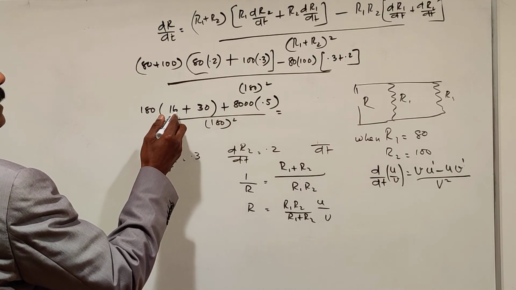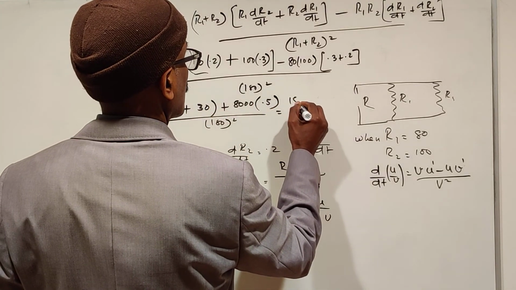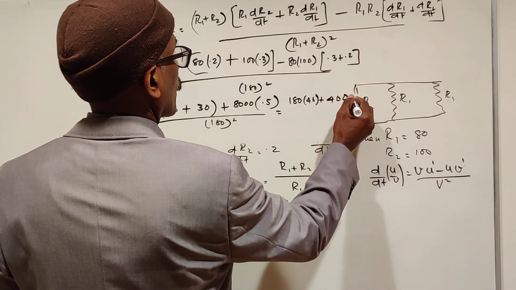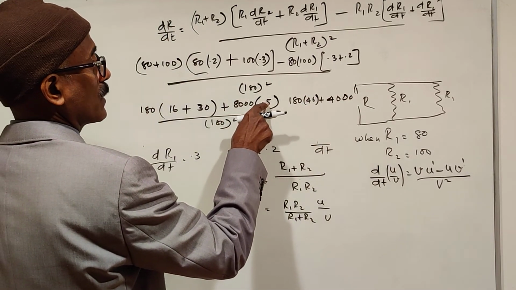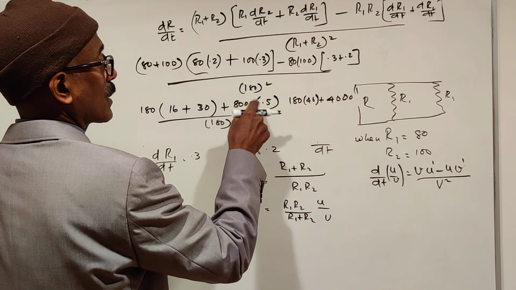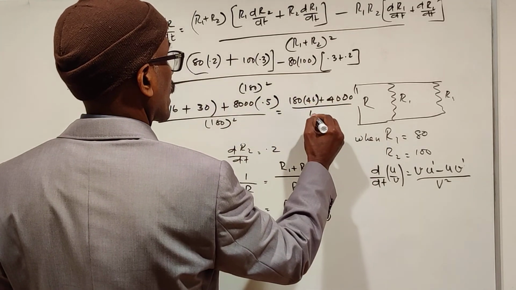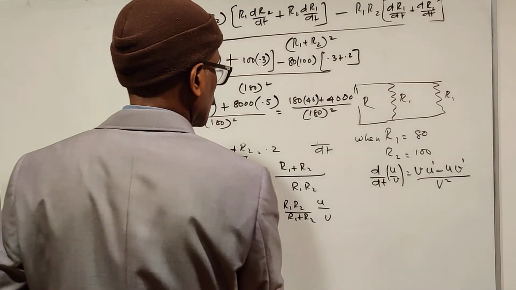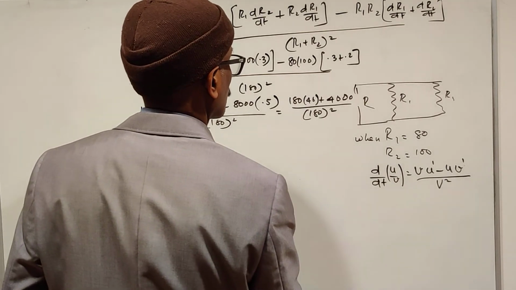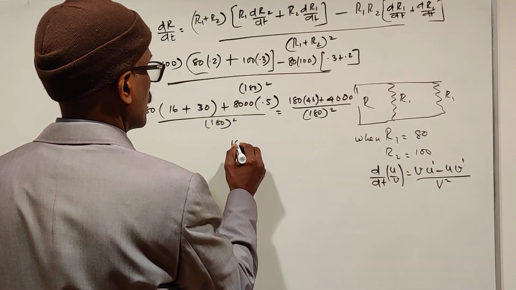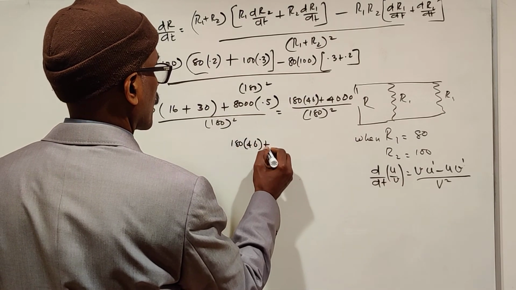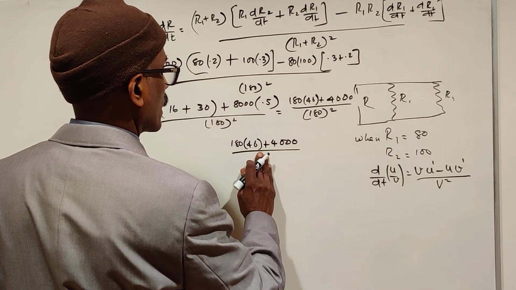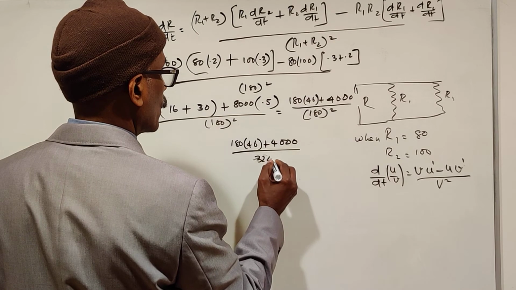That gives 180 times 46 minus 4000. See, 8000 times 0.5 is half, 8000 divided by 2, that is 4000, divided by 180 square. 180 square is 32400.